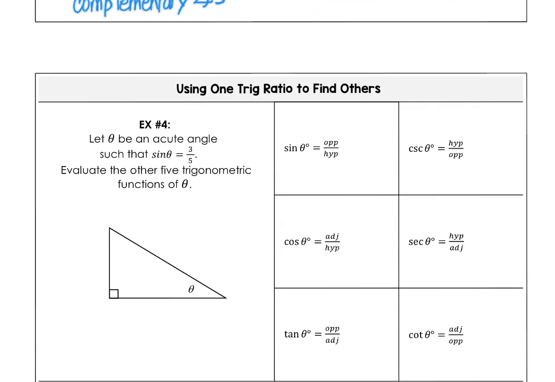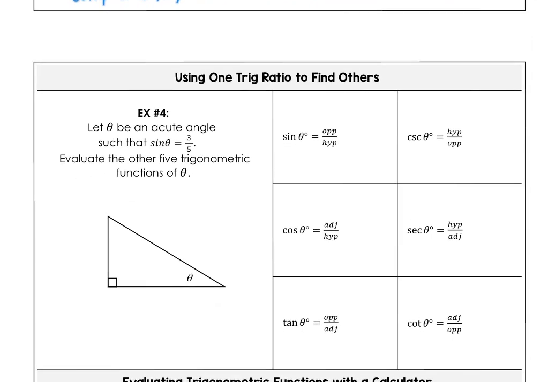We're going to use one trig ratio to find the other 5 trig ratios. In this example, we let theta be this acute angle down here on the bottom, and the sine is 3 over 5. So sine's trig ratio is opposite divided by hypotenuse, but it's got to be opposite our angle of interest, which is theta.